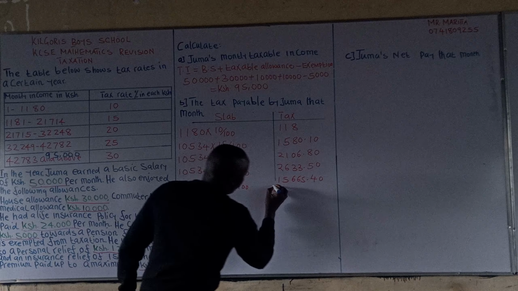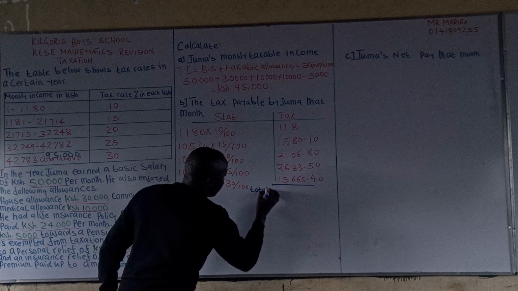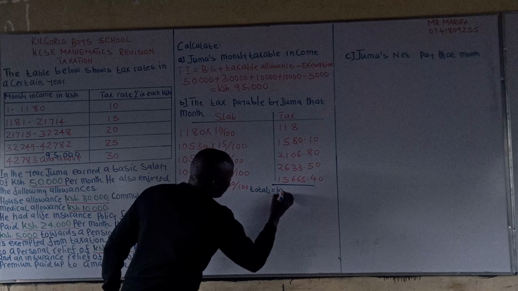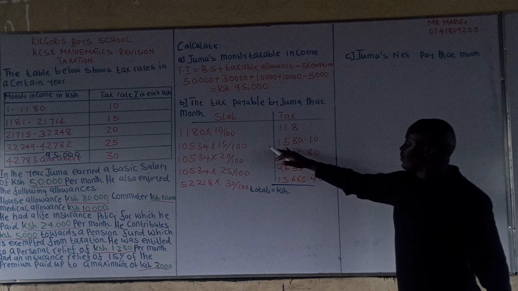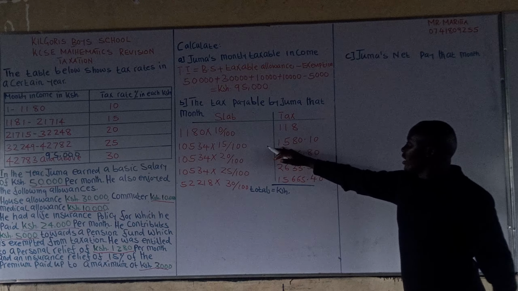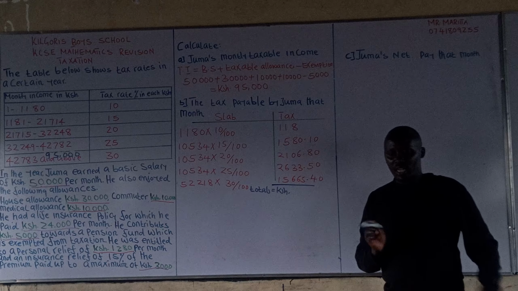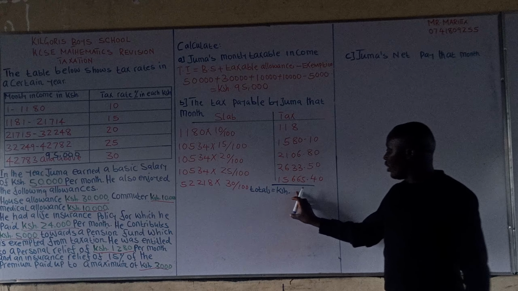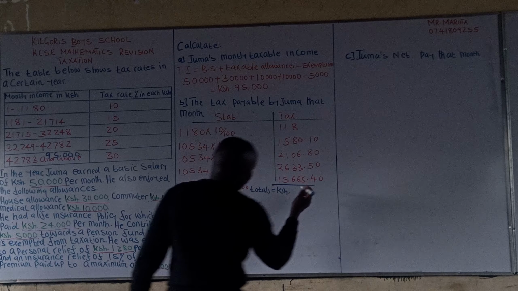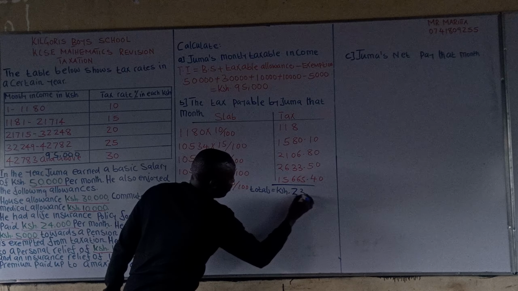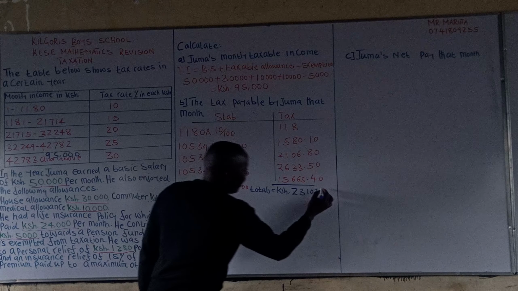You take 118 plus 1,580 and 10 cents plus 2,106 and 80 cents and the rest, and if you add that, you will get 23,103 and 80 cents.